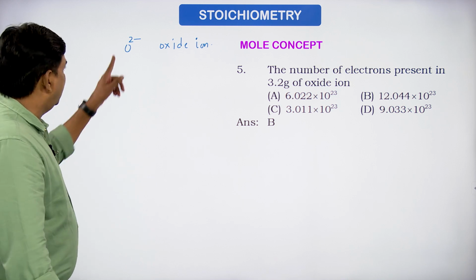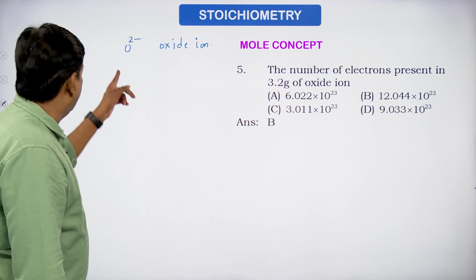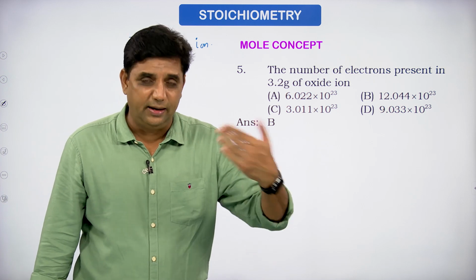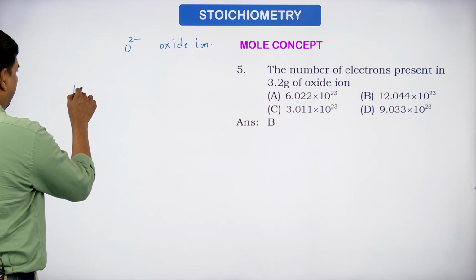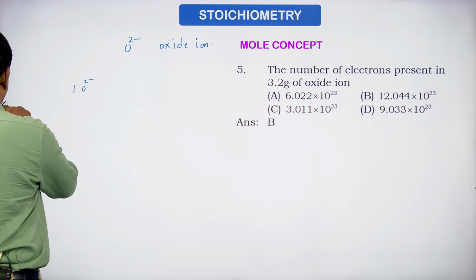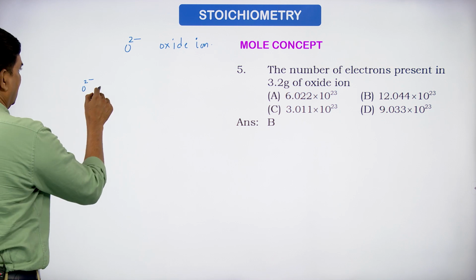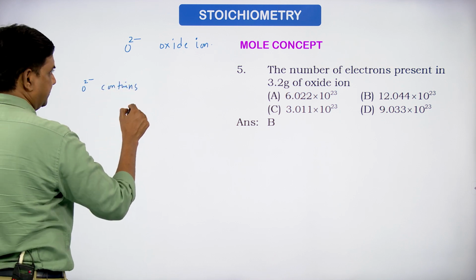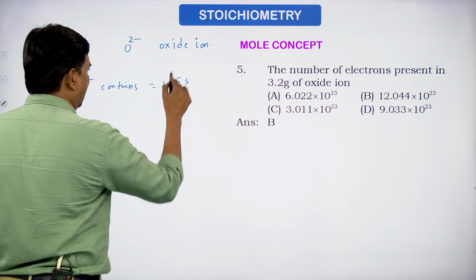Now, the atomic number of oxygen is 8. So, it contains 8 electrons. Because of the 2 minus charge, it gains 2 electrons. Therefore, 1 O2 minus ion contains a total of 10 electrons.